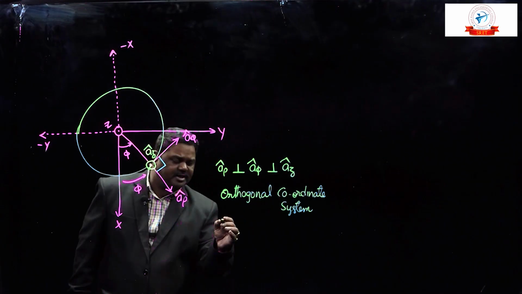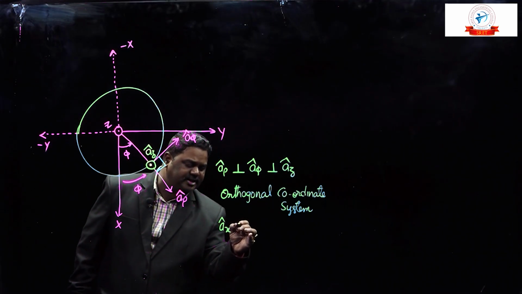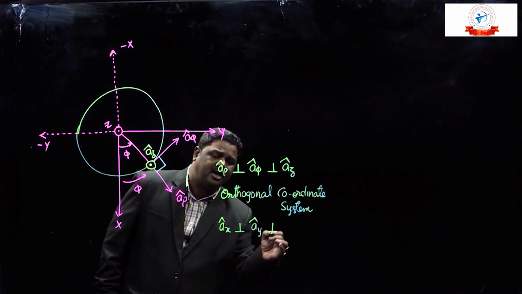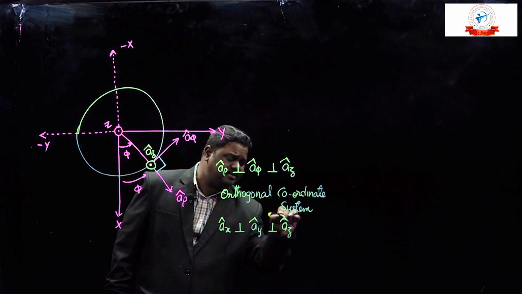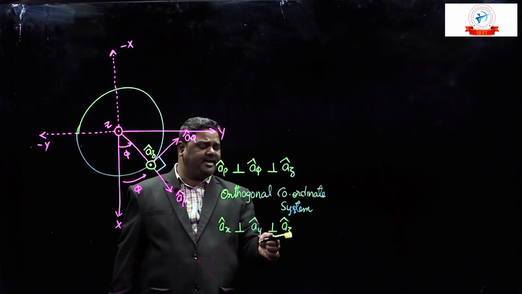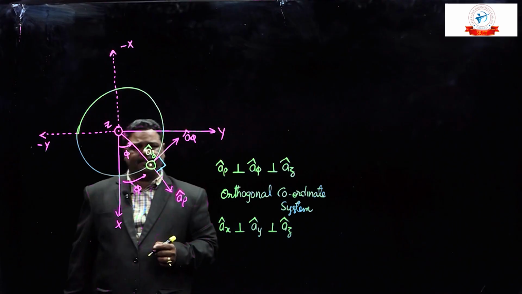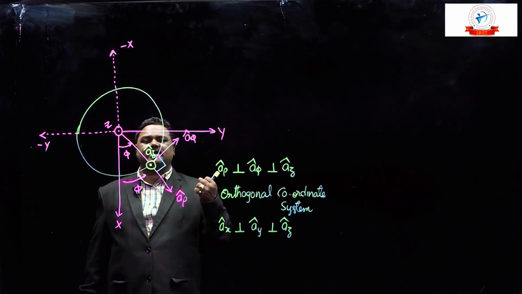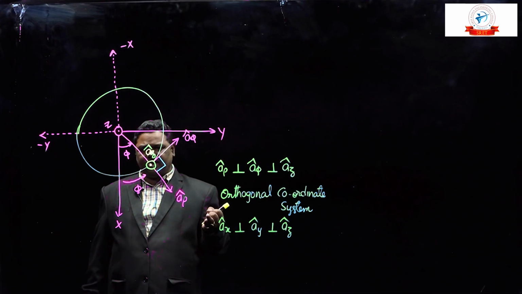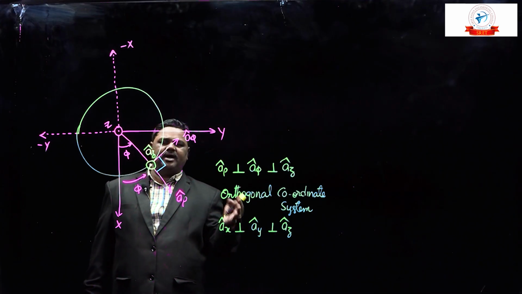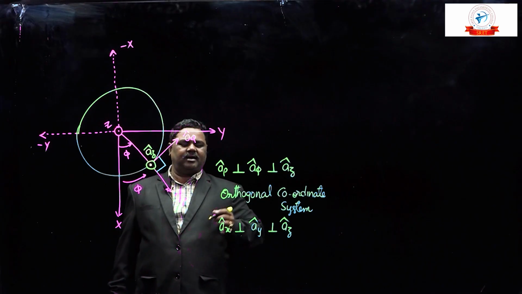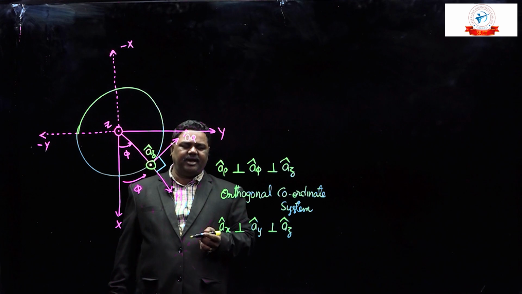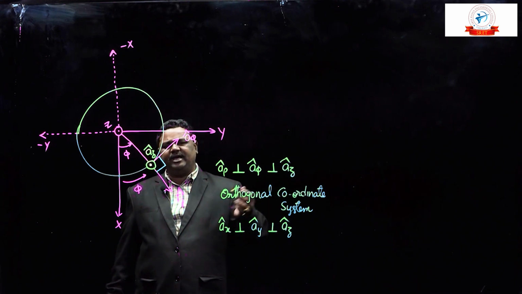In the Cartesian coordinate system, you know that the x-axis direction ax cap is perpendicular to the y-axis direction ay cap, and both are again perpendicular to the z-axis, az cap. So the Cartesian coordinate system is also an orthogonal coordinate system. So here we are going to study 3 coordinate systems: Cartesian, cylindrical, and spherical. All these 3 coordinate systems are orthogonal, where the unit vectors are mutually orthogonal or mutually perpendicular.